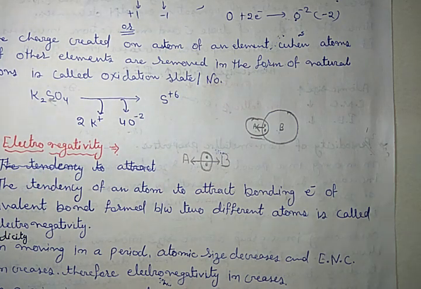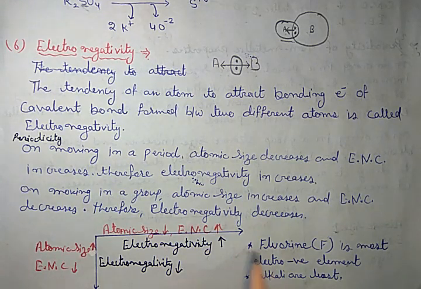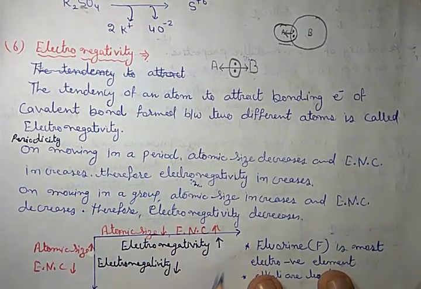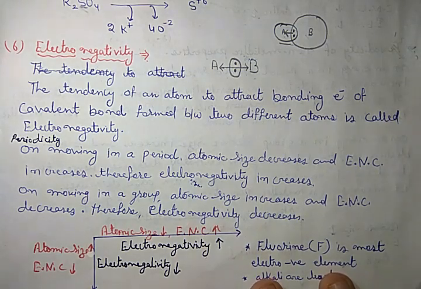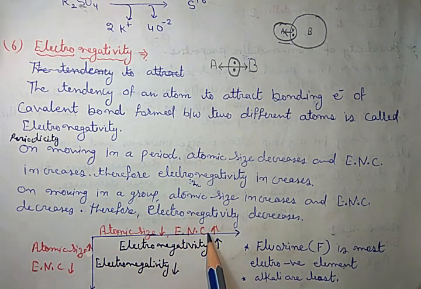Okay. Now, if we consider the periodicity, we know that when we move in a period, atomic size decreases and effective nuclear charge increases.